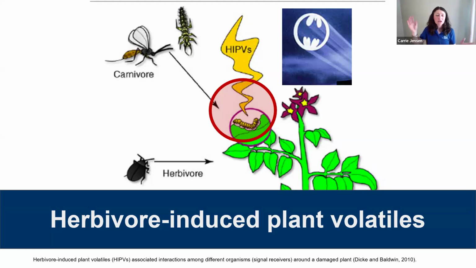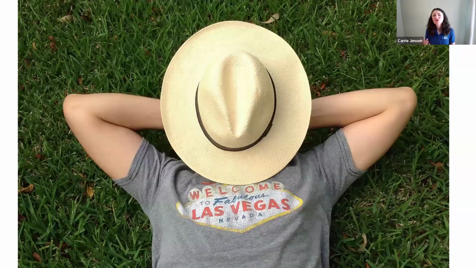I call it the bat signal. And then there will be carnivorous or predatory insects that get that signal and come in like Batman to attack the caterpillar. But this all takes time, right? It's not instantaneous. So sometimes you have to sit back and wait for these natural biological cycles to occur, where we get enough predators or enough signals sent out by the plants, like, help me, to get the predators to come in.